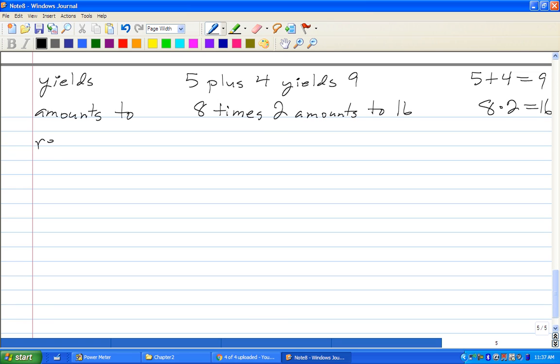Represents: 6 divided by 2 represents 3, so 6 divided by 2 is equal to 3.